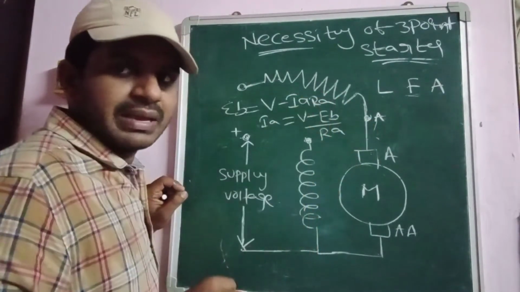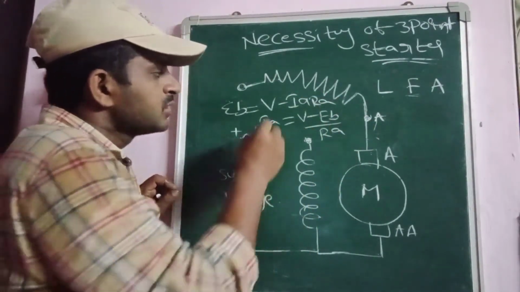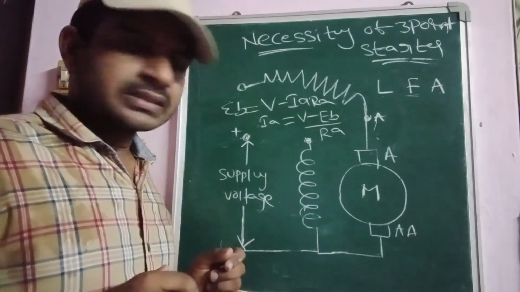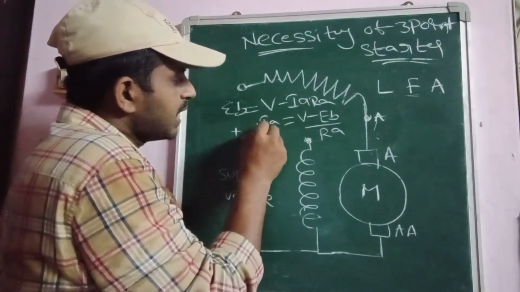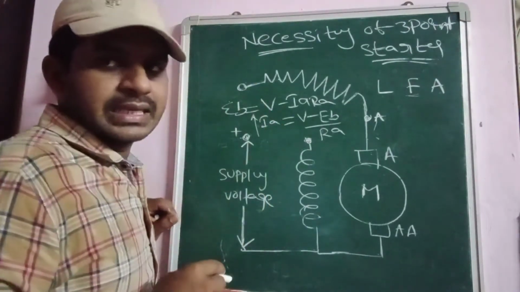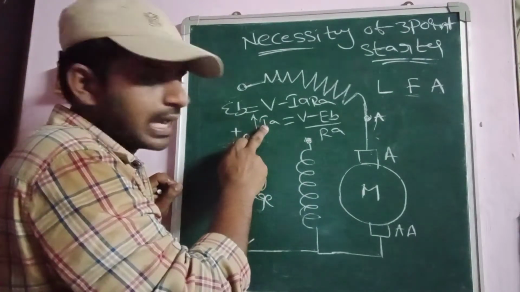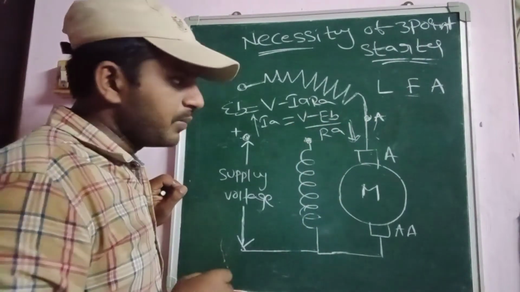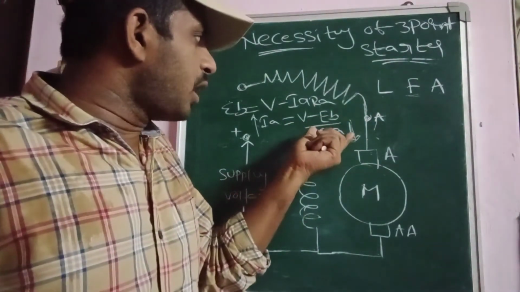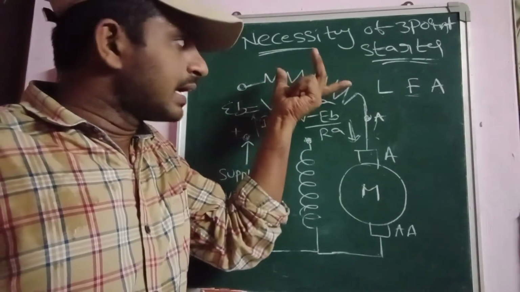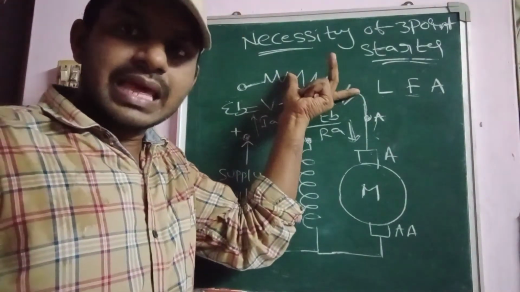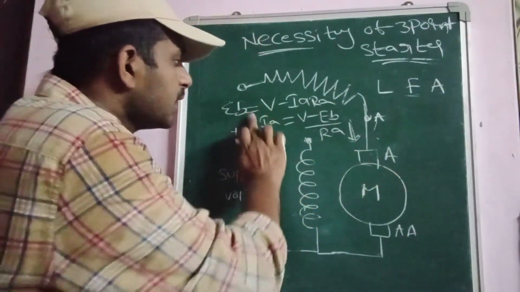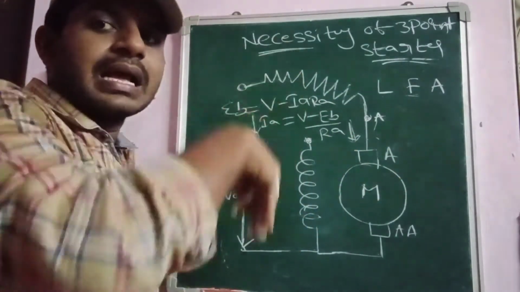From this formula we can understand clearly that when the armature current rises, the armature resistance must be increased. When a resistance, that is the starter, is connected in series with the armature, the total armature current will gradually decrease.